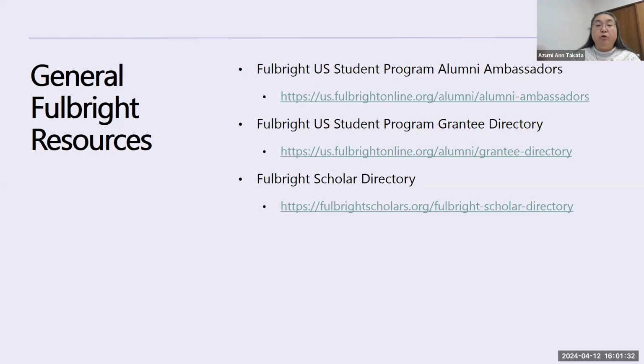And because you have them going both ways, U.S. scholars going abroad as well as foreign scholars coming here, you have this resource of people who have done Fulbright that you can try to contact.